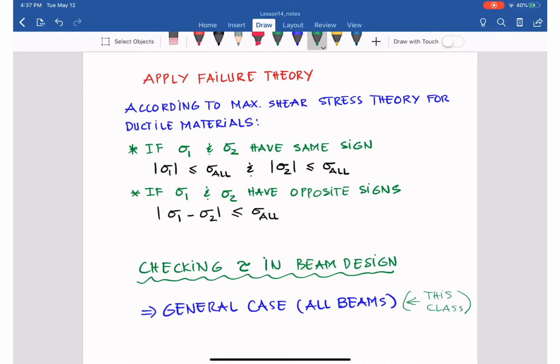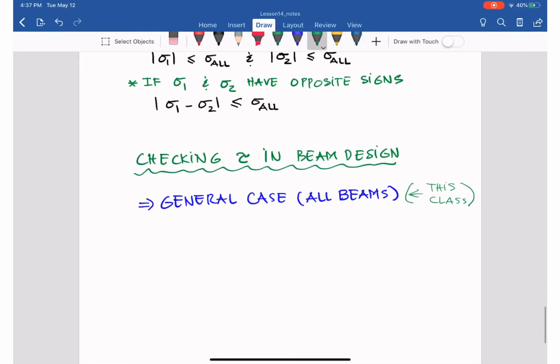In all cases, we have tau max equal to V max times Q at the neutral axis over I t. VQ over It, if you recall that.